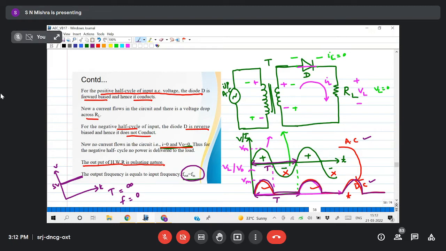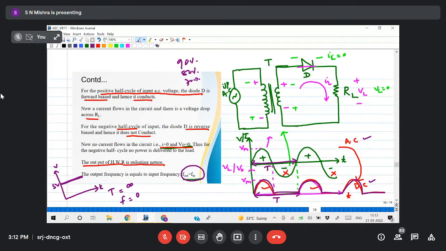What is the general meaning of efficiency? How do you find efficiency? With the amount of output, sir, divided by the amount of input. Yes, sir, and generally it is expressed in terms of percentage. So output by input into 100. So we can convert like 90% or 80% or 70% efficiency like that.